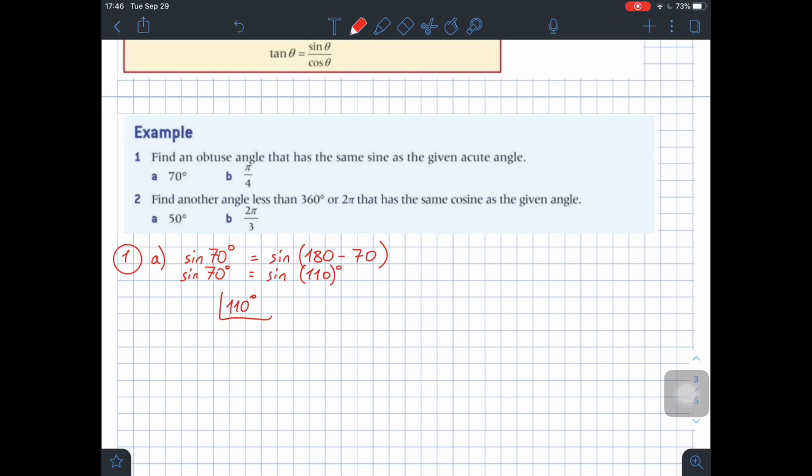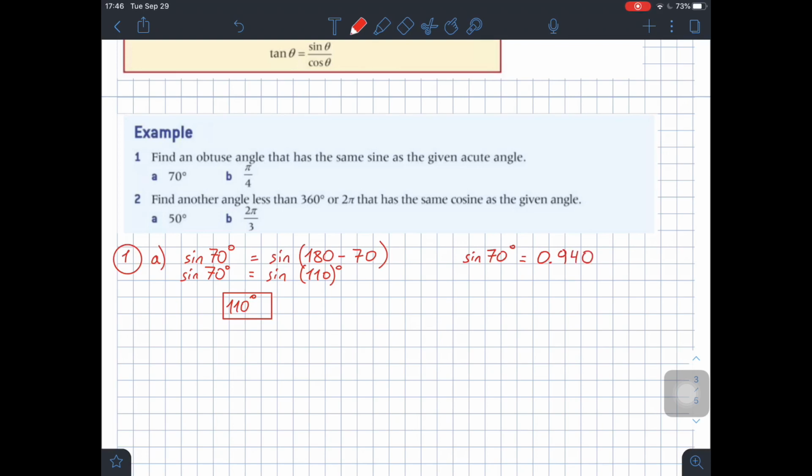And if you want, you may try this in your calculator. Remember your calculator should be set up in degrees for this because we're talking about angles in degrees. If you plug in sine of 70, you get as a result 0.940.